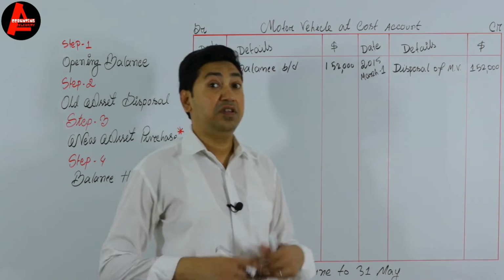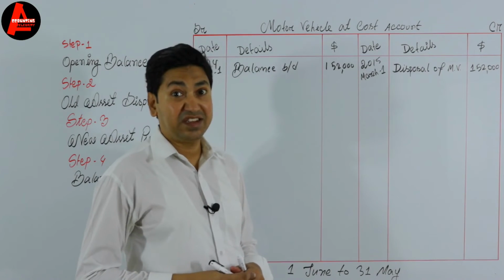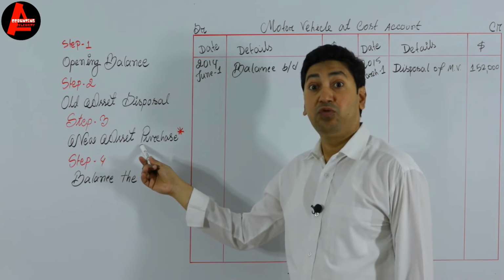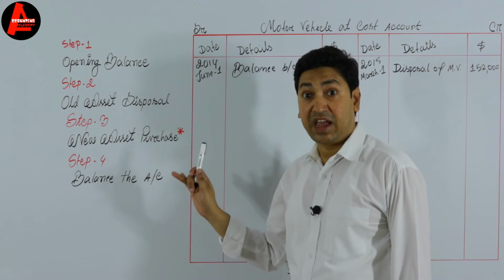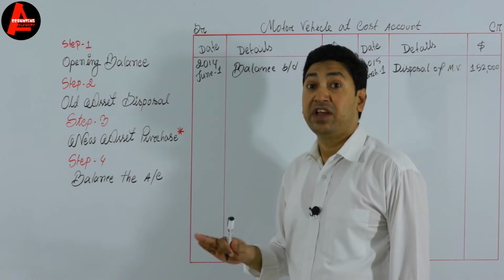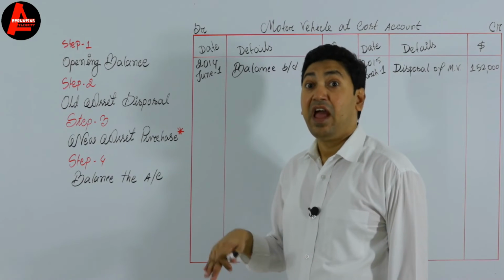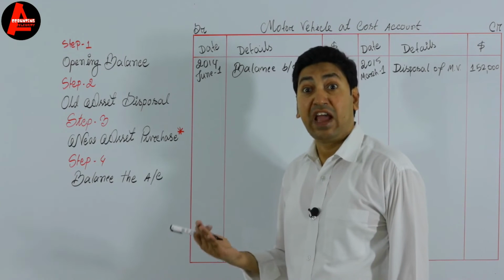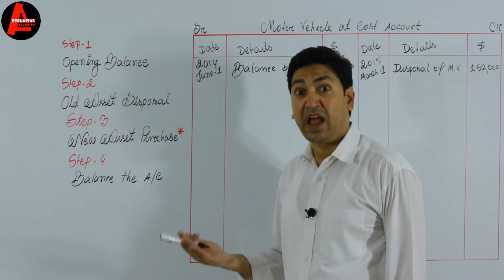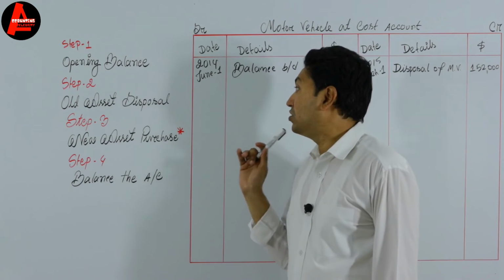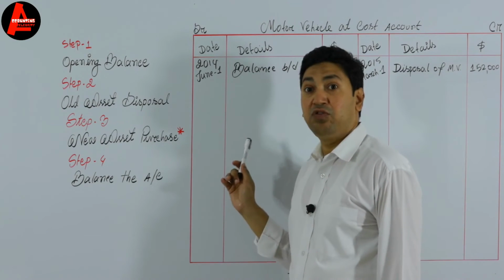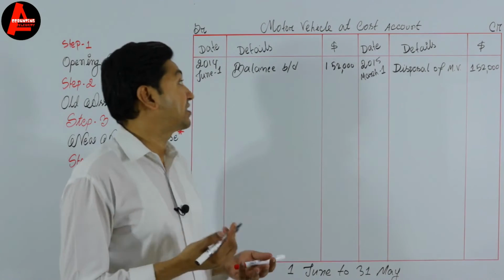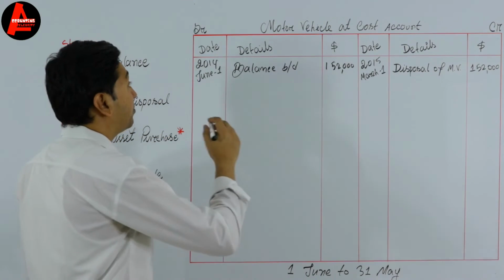Okay, so we record it. Now what to do? Now we need to record the purchase. When a new asset is purchased, we will write on the debit side. Why? The motor vehicle account is to be debited and the payment terms will be credited, for example cash, credit, bank, whatever. So we record the purchase on the debit side. What is the date? It is the same date, 2015 March 1st.